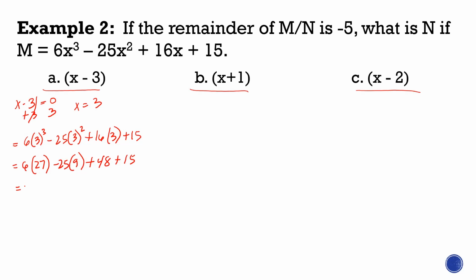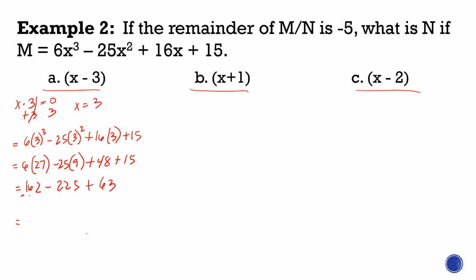So 6 times 27 is equal to 162, minus 25 times 9, that's 225, plus you can add 48 and 15 here, that's 63.